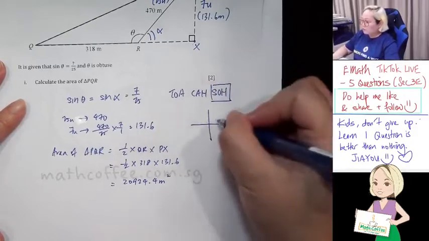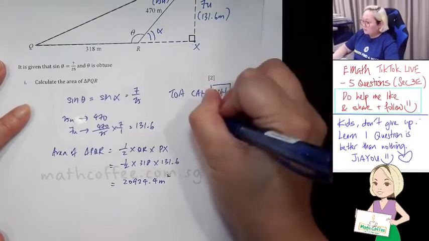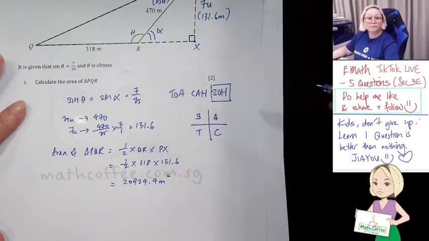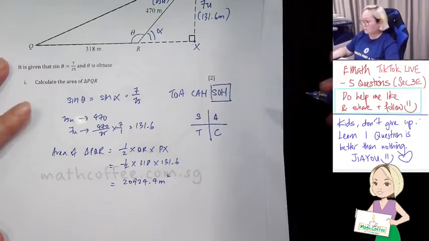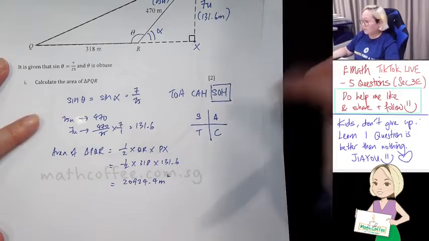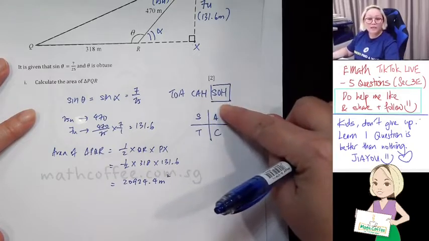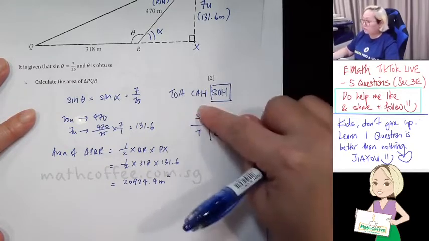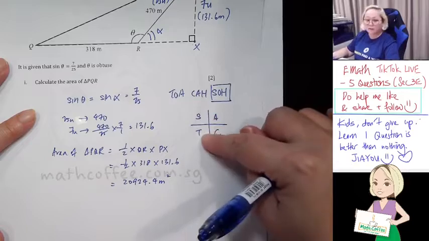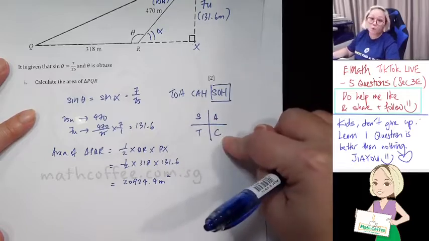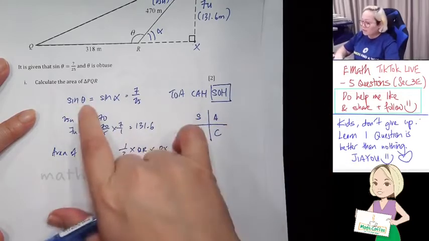So over here, A, S, T, C. The first quadrant, which is the A, everything is positive. Second quadrant, sine is positive. Third quadrant, tangent is positive. Fourth quadrant, cosine is positive. So over here, you look at your theta.